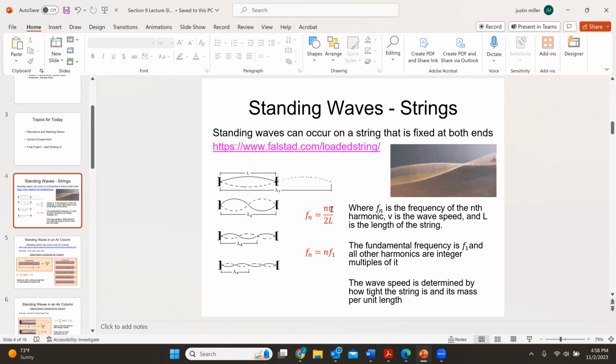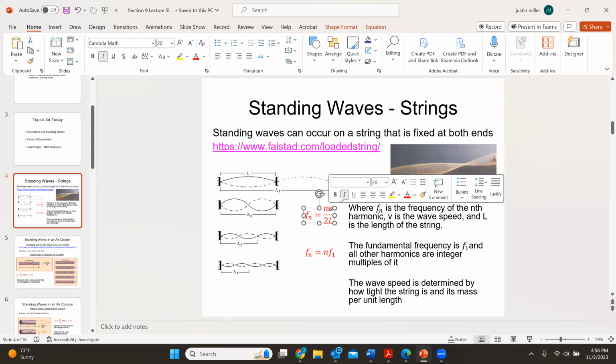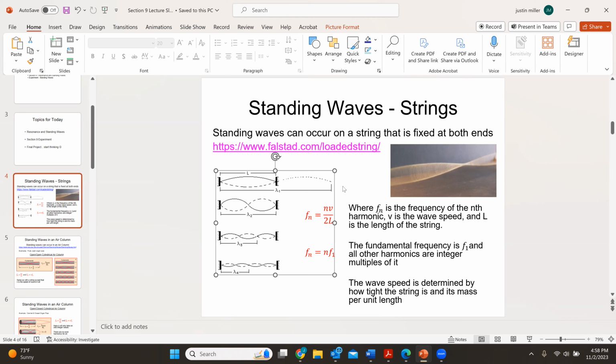Now the wave speed, that's v right here, how fast the wave itself travels across the string. n is just the harmonic number. Is it the first harmonic, the second harmonic, the third harmonic? So f sub n is the frequency of the nth harmonic. For the first harmonic, this is f sub 1, and we have 1 times v over 2L. L is the length of the string, and v is the speed of the wave on the string.